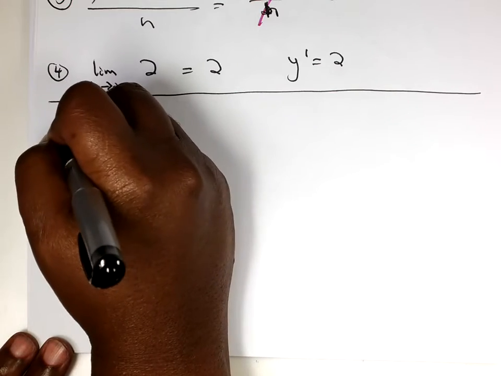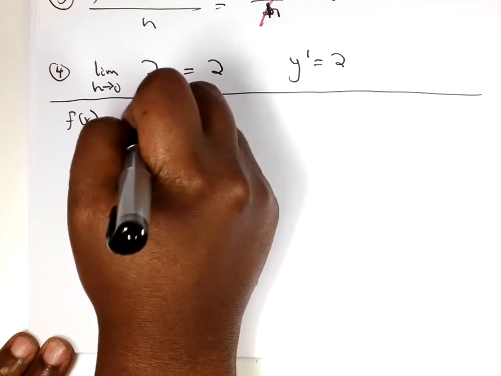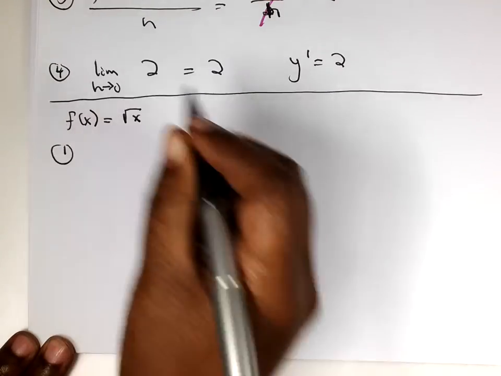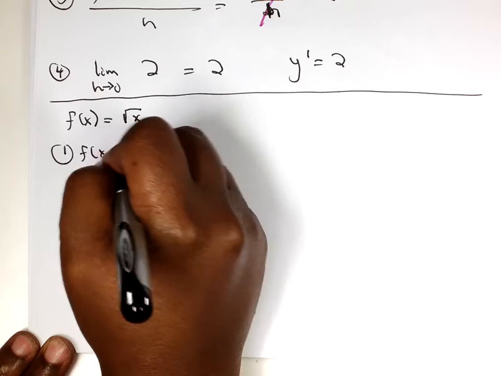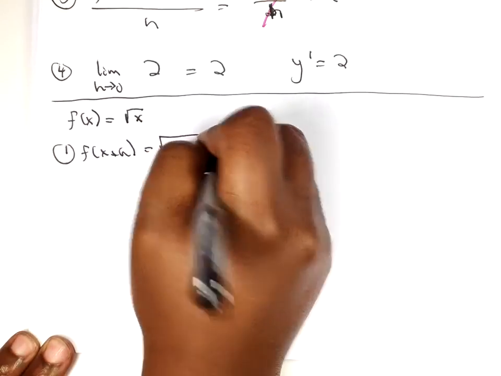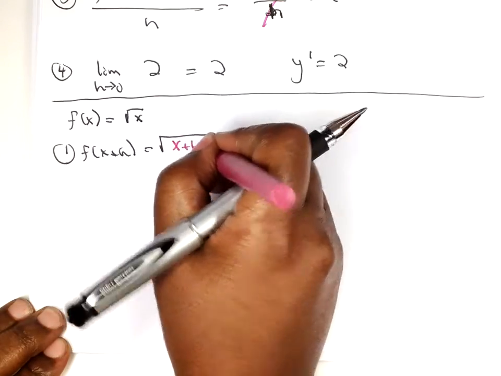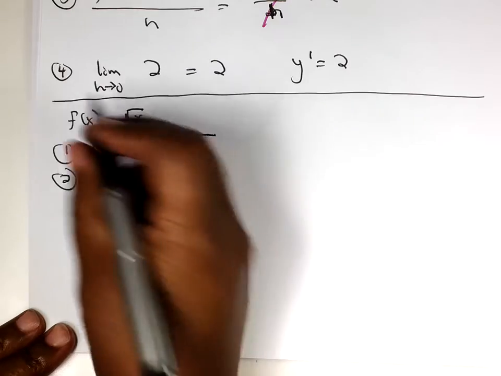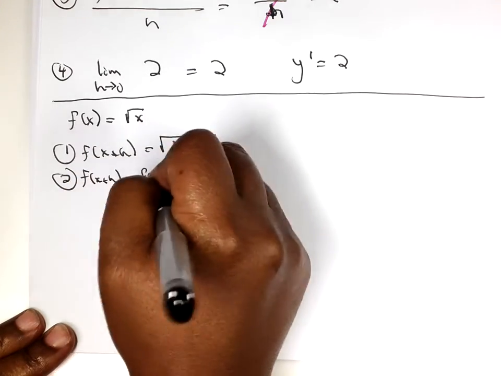Alright, and the next problem we have f of x is equal to the square root of x. So I'm going to go back through the 4 steps again. The first step was f of x plus h. So again, where there was an x, we're putting in x plus h. The second step, f of x plus h minus f of x.